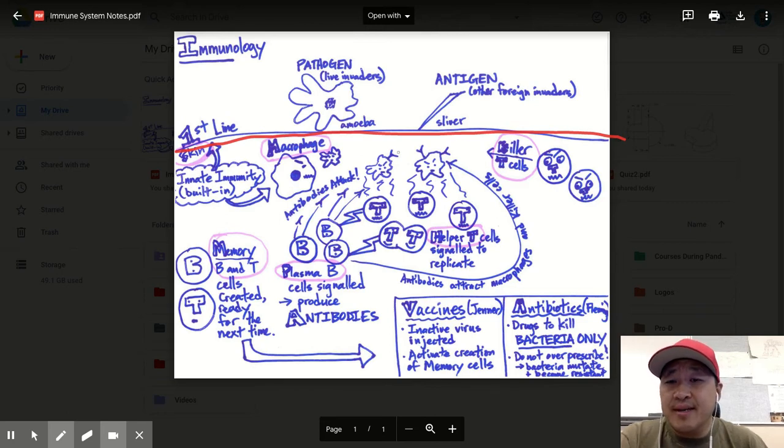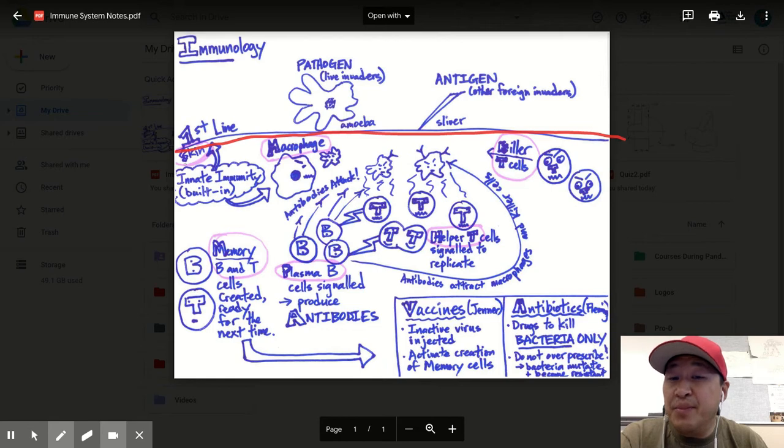So both the skin and the macrophages, they're both part of what we call innate immunity. Innate just means it's built in. So when you're born, or after a while after you're born, when you develop an immune system, because babies don't have a fully developed immune system, then you have all this stuff built in.